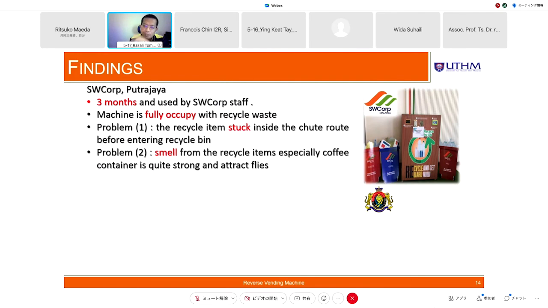One of the things they highlighted as a problem is technical issues. First, some items got stuck inside the chute before entering the final bin. Second, because these are recycled items and the machine was indoor, there was quite a smell from the recycled items.